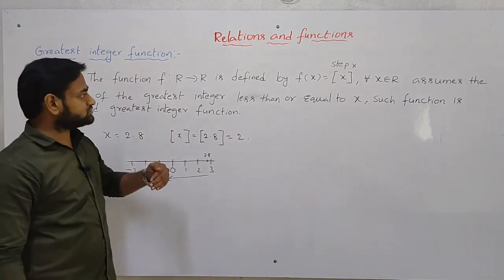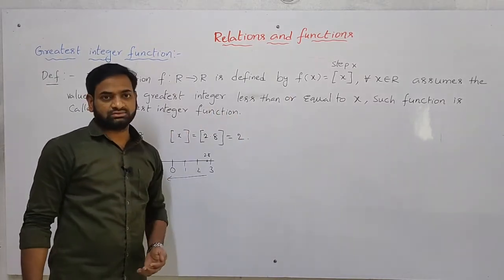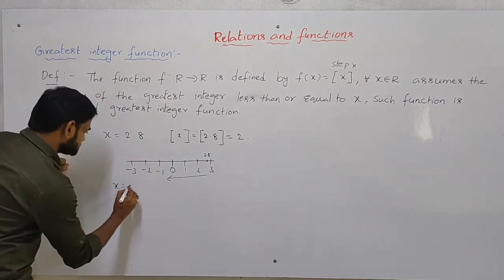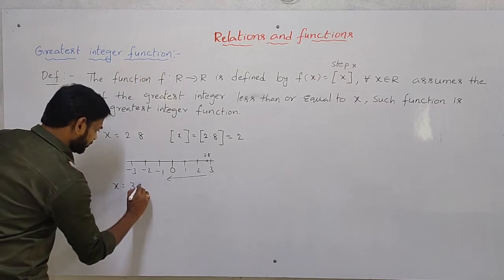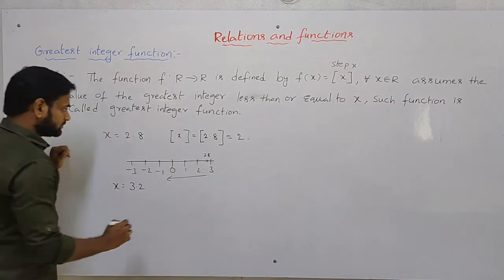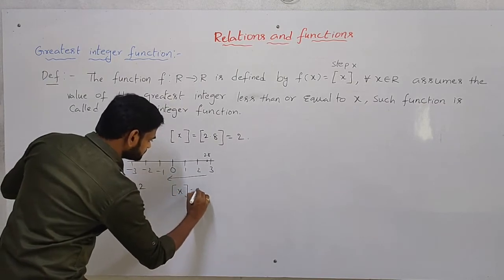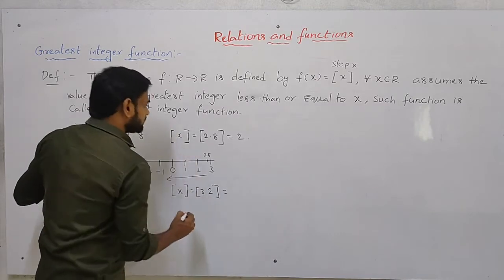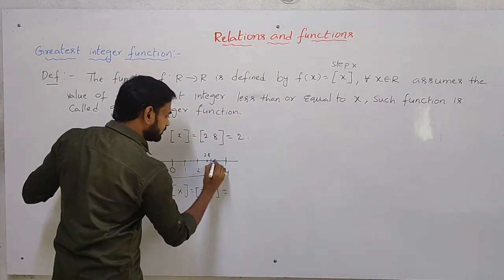The greatest integer less than x. Suppose I take x as 3.2. Now what is the step x value? Step of 3.2. Now I am extending here, this is 4. Now 3.2 is here.